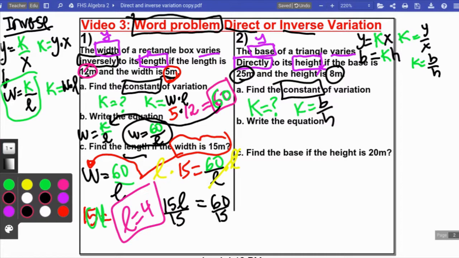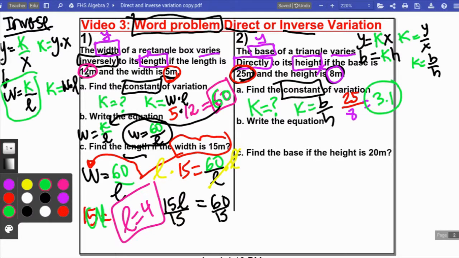B is given to me as 25, so 25 divided by the height. The height is given as 8. The answer will be 3.1. Done deal, I know my k.